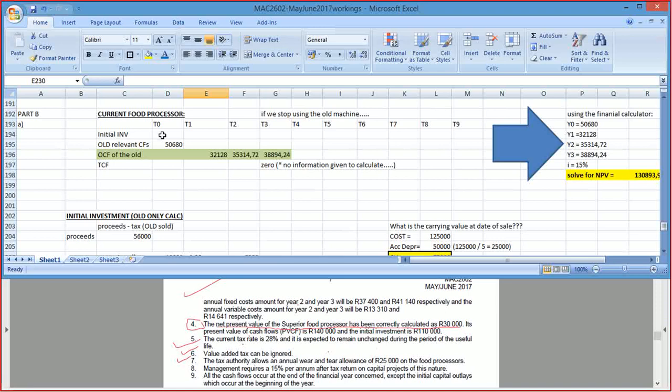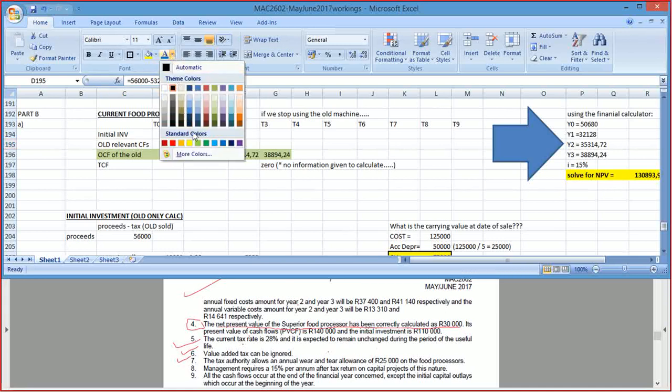I made a mistake with the cash flows. Remember, I was looking at this diagram in terms of the whole project, the new and the old. Do you agree these old cash flows, this 50,680, would have been an inflow or an outflow for the business if they had to replace the asset?